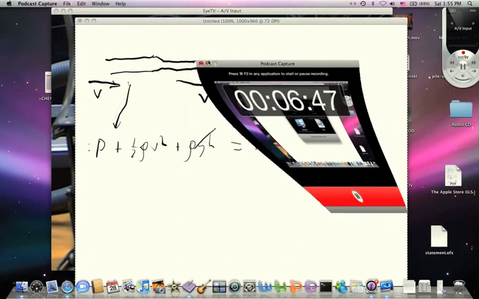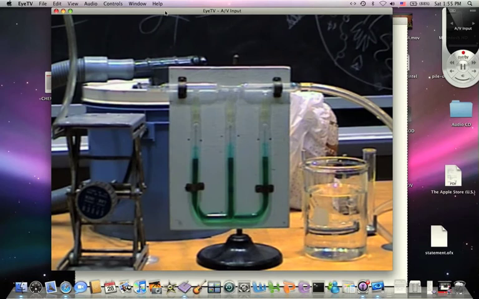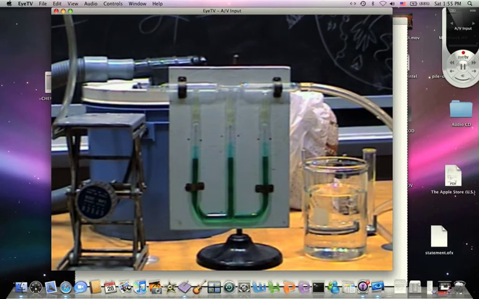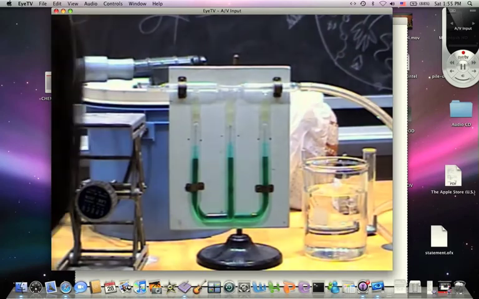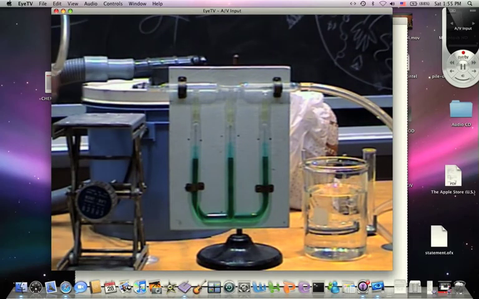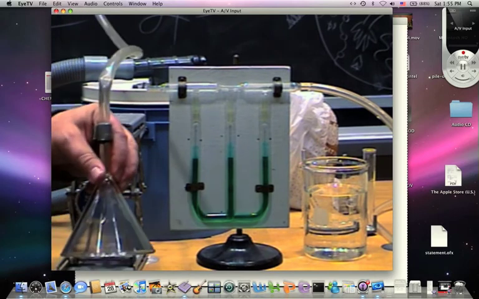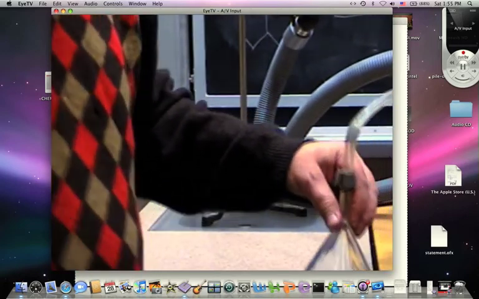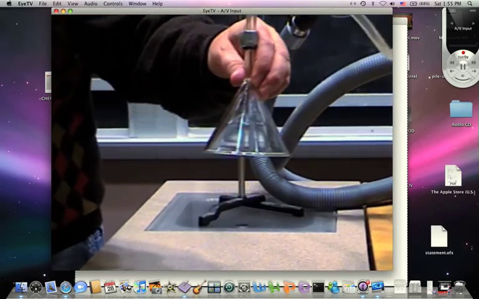Now you get this most amazing case where you've got air flowing out of a tube. I'm going to turn this on. You may not be able to hear it.